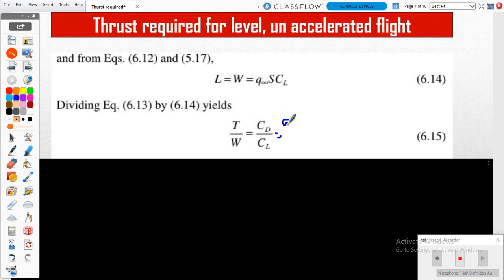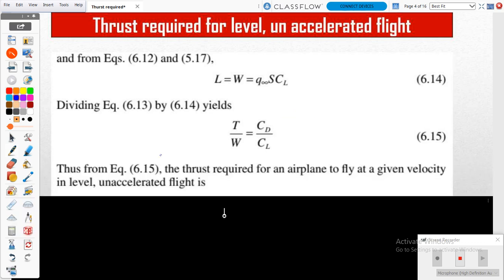Thrust is q-infinity S multiplied with the CD, since thrust equals drag, divided by weight, which we get from the previous one, q-infinity S into CL. The term q-infinity S is common in the top as well as in the bottom, so we get the value of CD divided by CL in the direct form.